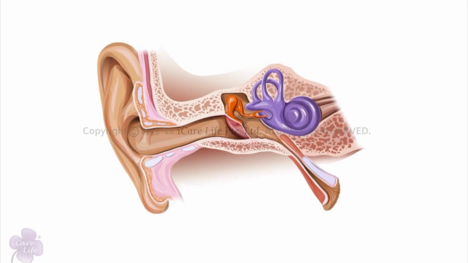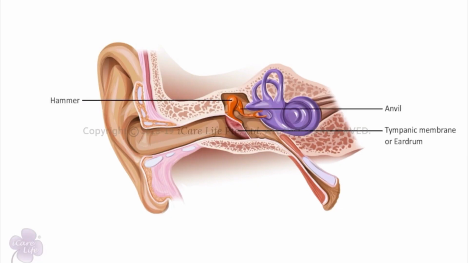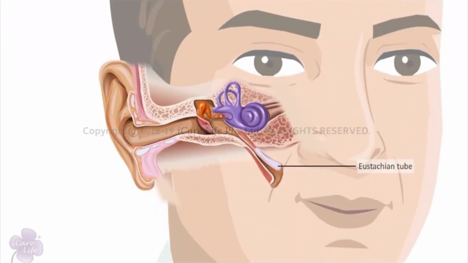The middle ear consists of a very thin tympanic membrane, or the eardrum, and three tiny bones, together called the auditory ossicles. The three bones are the hammer, the anvil, and the stirrup. The eustachian tube connects the middle ear to the nose and throat.